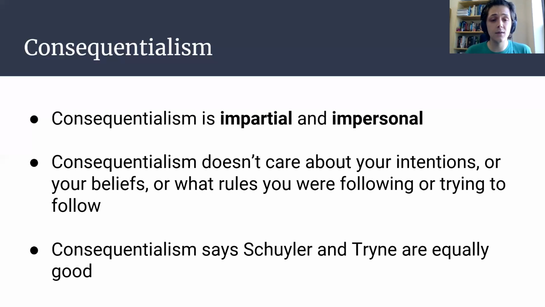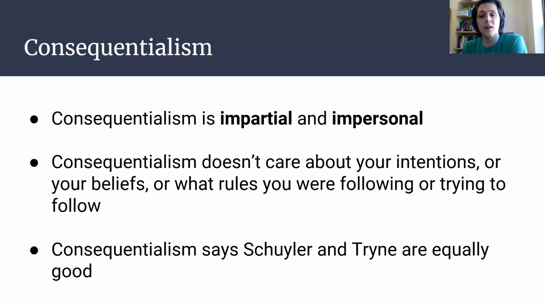So as a result, if you remember the Schuyler and Trine thought experiment, the heads and hearts thought experiment that we talked about at the beginning of class, Schuyler and Trine both protect and shelter Jewish people from the Nazis. They protect and save the same number of people, but they do it for different reasons. Trine does it out of empathy, out of an emotional reaction to seeing suffering.